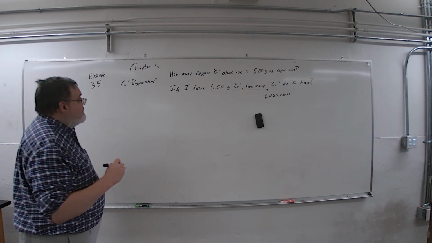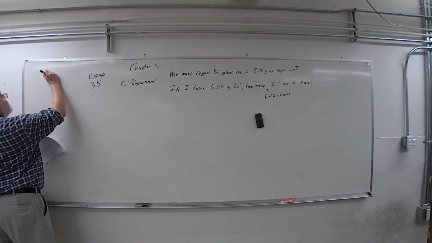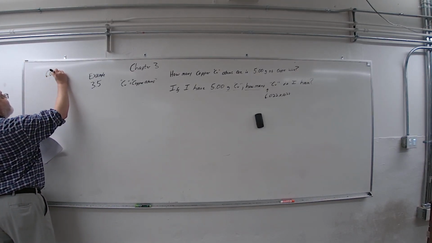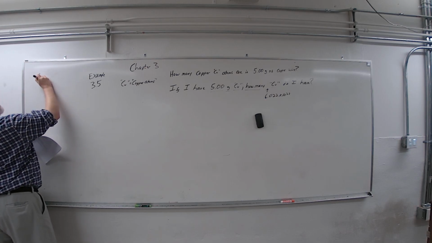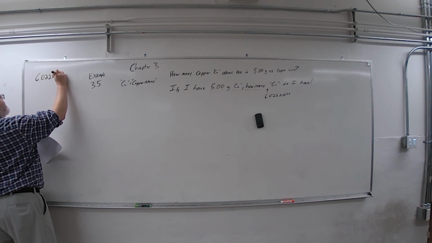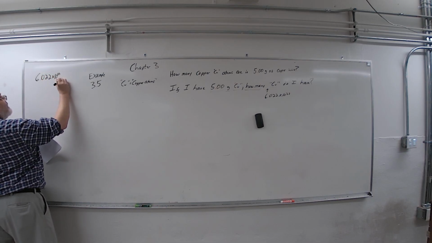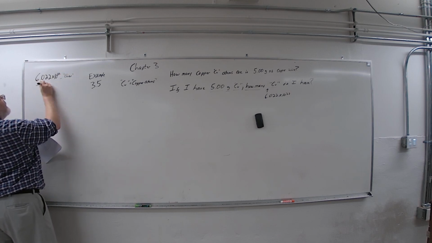So what I'm saying is this, and I'll give you this on a test. I don't mind giving you this. Let me write it nice and neat. 6.022 times 10 to the 23, no unit, things.